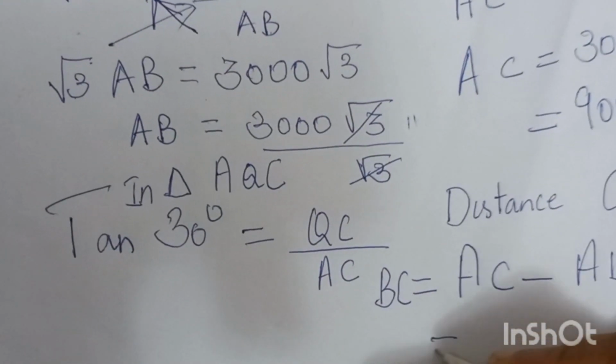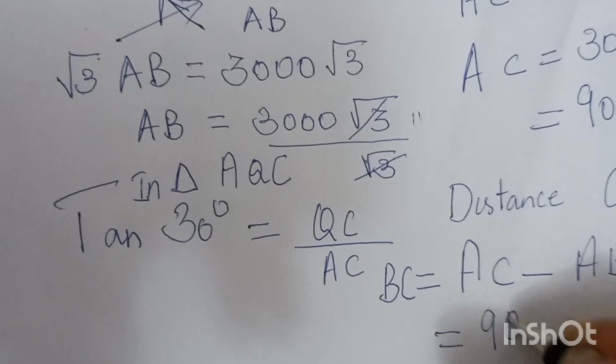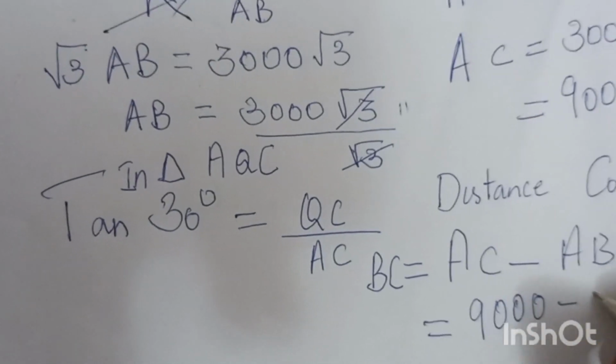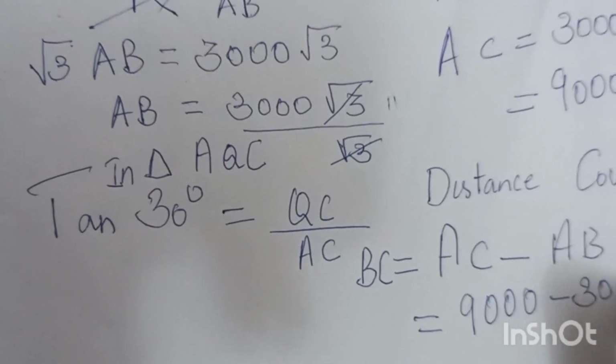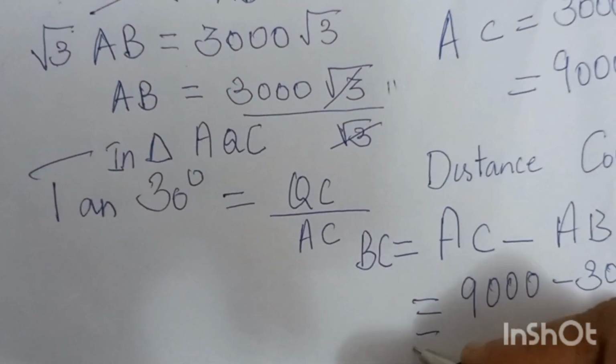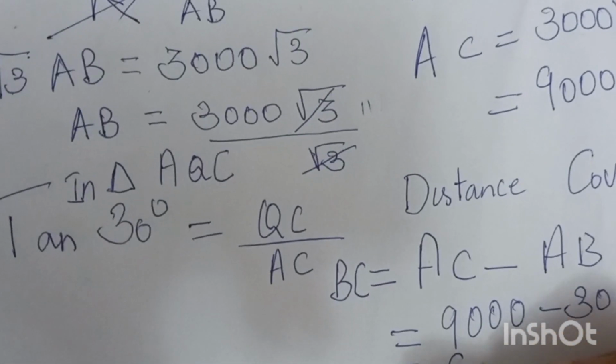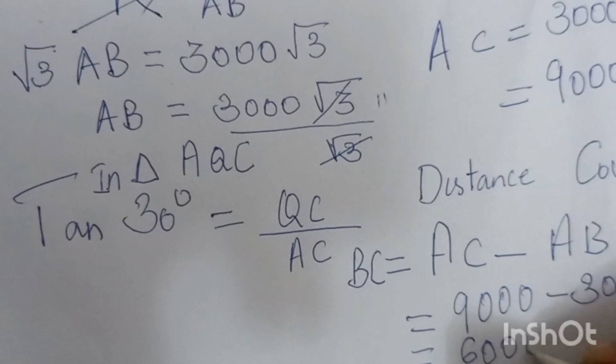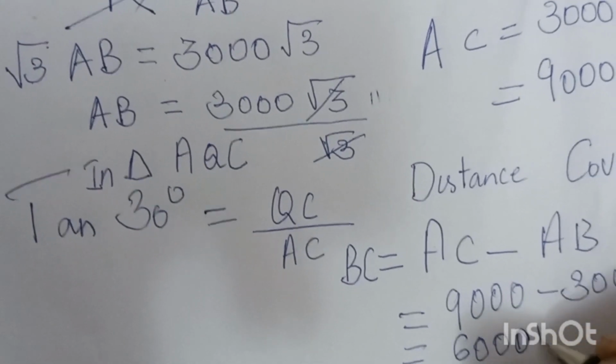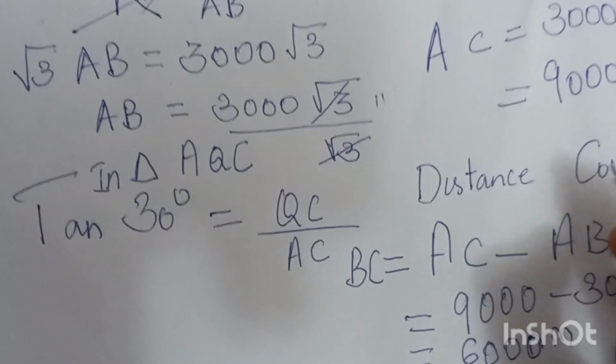What is AC over here? AC is equal to 9000. 9000 minus 3000, which is equal to 6000 meter. Distance covered is equal to 6000 meter we get, isn't it?